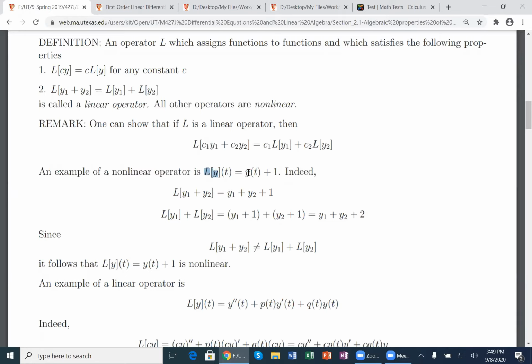L of y1 is y1 plus 1. This is how we jump from here to here. Similarly, by this formula, L of y2 is equal to y2 plus 1. Note that this is equal to this. Done. Oh, okay, I understand now. Thank you. Any other questions?